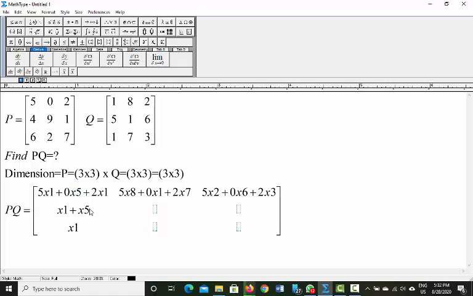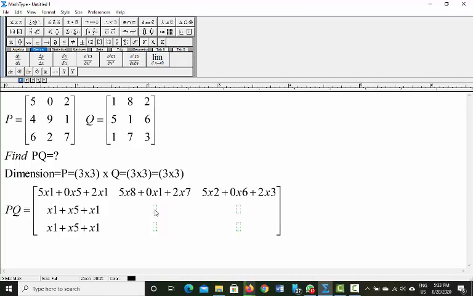Here also multiplied by 5, plus multiplied by 5, plus multiplied by 1, plus multiplied by 1. So these will sit as it is like that.